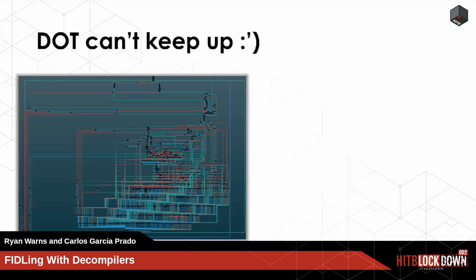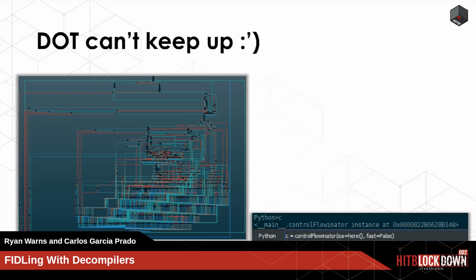And talking about dot, again, we want to make clear that this thing is ready for real life binaries. It's going to take more or less time, of course. But even if you have a function like this, that is reverse engineer hell, you can create a control flow initiator. I just created a control flow initiator of this function.